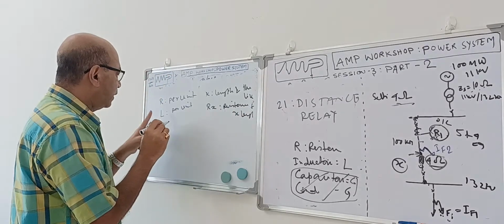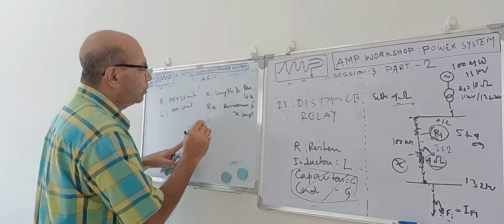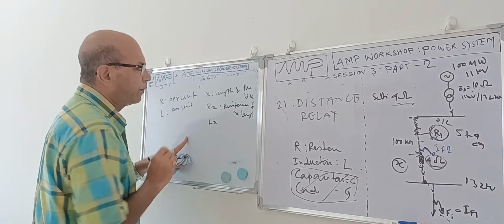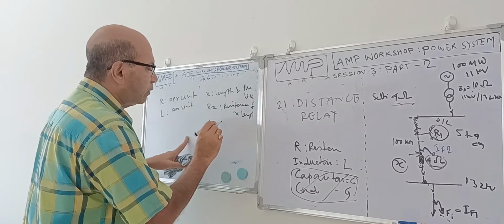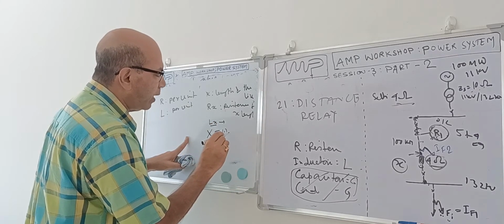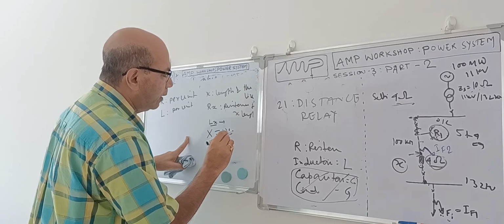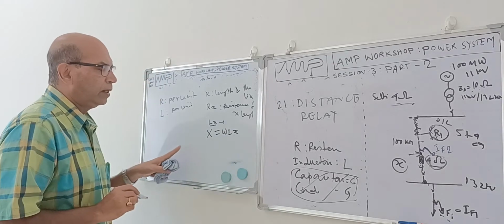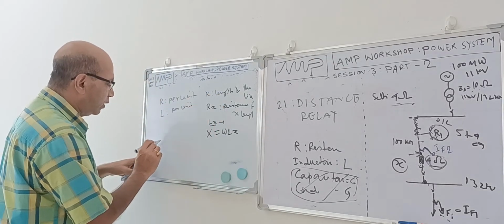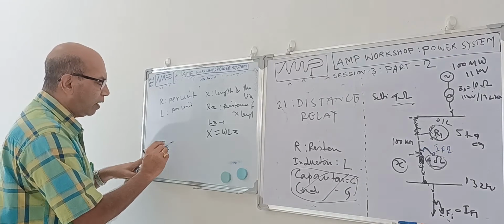Similarly, your inductance, how much? Inductance also L into X. So due to L into X, what will be the reactance? Reactance is equal to omega into L into X. That is the reactance. Now the impedance of this line, if you say Zx is the line impedance for the X length, then Zx equals how much?